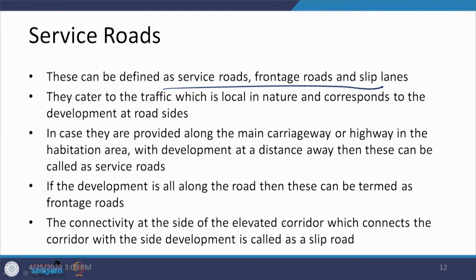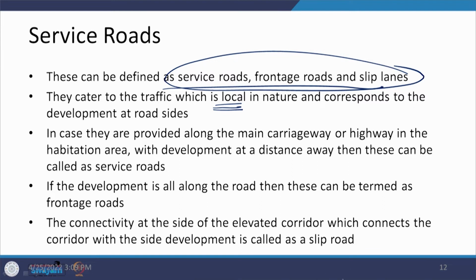Now, whichever of these categories it is, the traffic it is going to cater to is mainly local in nature, which has something to do with the site development, and it has nothing to do with the main highway, which is provided for through traffic. So, that difference is there.